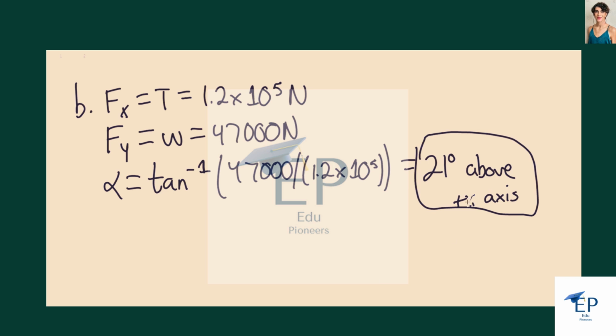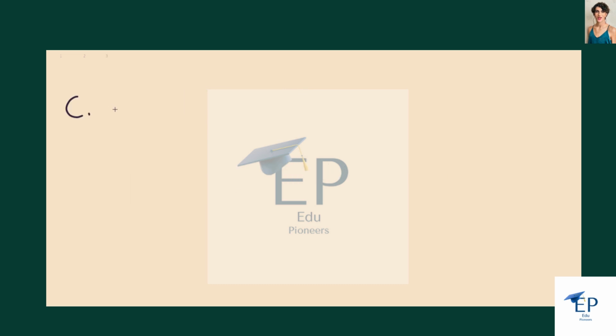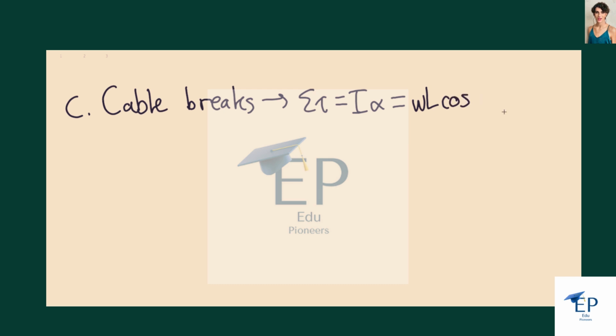Let's clean this up. And then for part C, we know that the cable breaks, so they want us to find the angular acceleration. So if the cable breaks, the sum of the torque is going to be equal to the moment of inertia times the angular acceleration, and this is going to be equal to W L cosine of theta over 2.